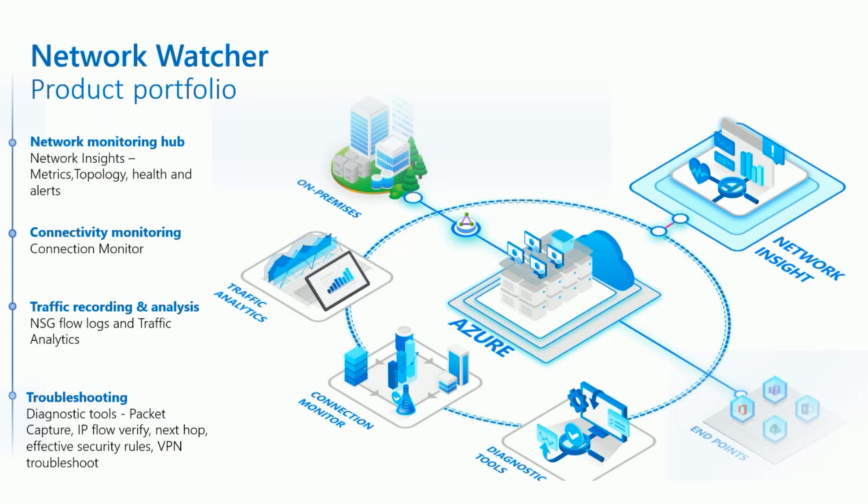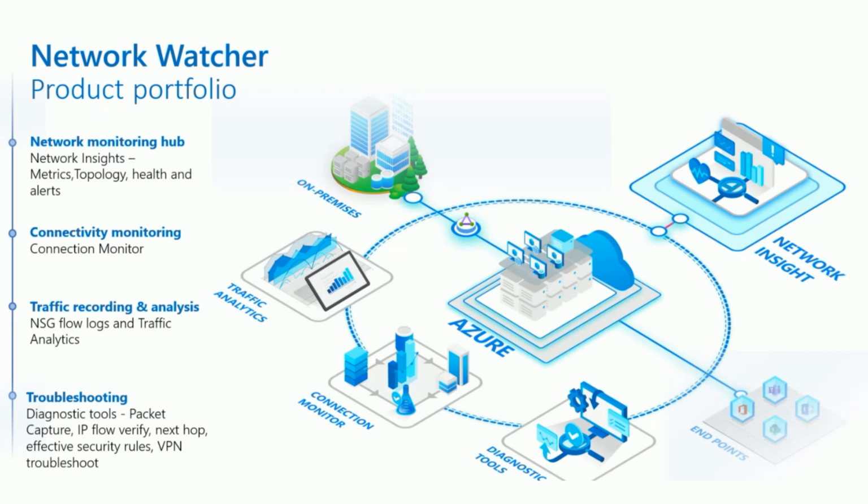We'll just recap here. We've got our monitoring components: network insights, the topology, the health and alerts. We've got our connectivity monitoring using Connection Monitor, and we've got our traffic recording and analytics using NSG flow logs, network security group flow logs, and traffic analytics.